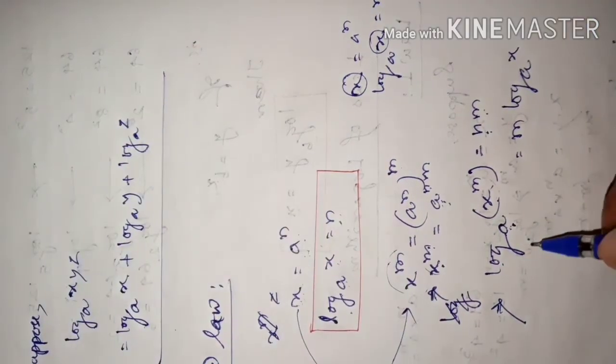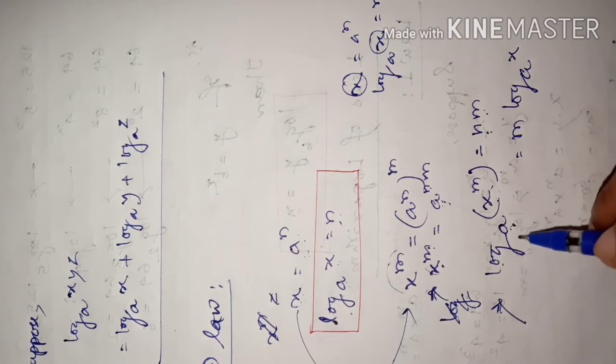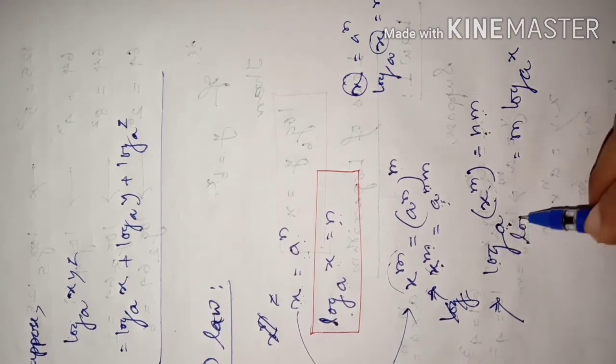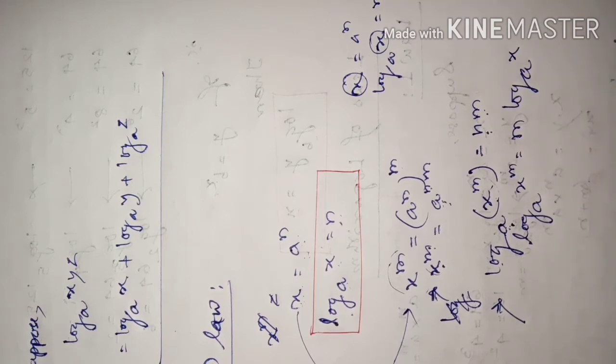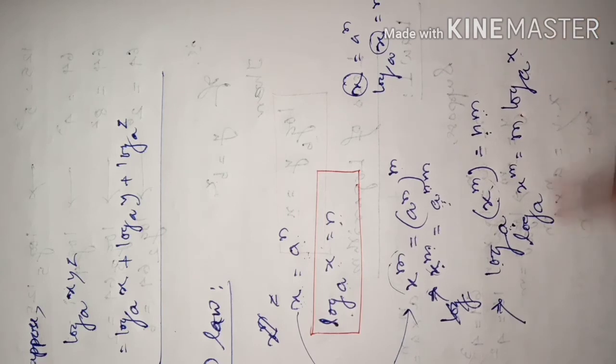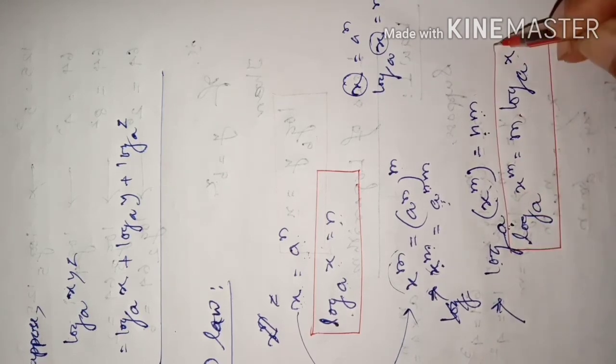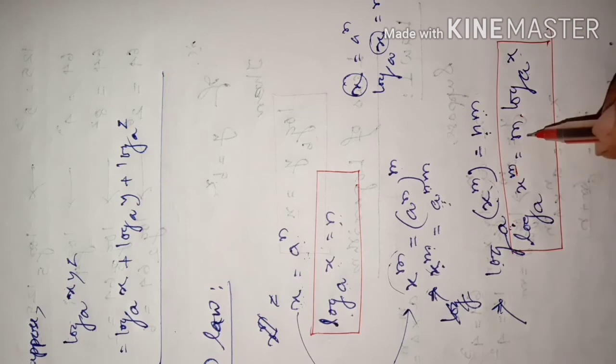So what you have realized now is log to the base a of x to the power of m is equal to m times log to the base a of x, as if this power is shifted directly towards the left hand side.